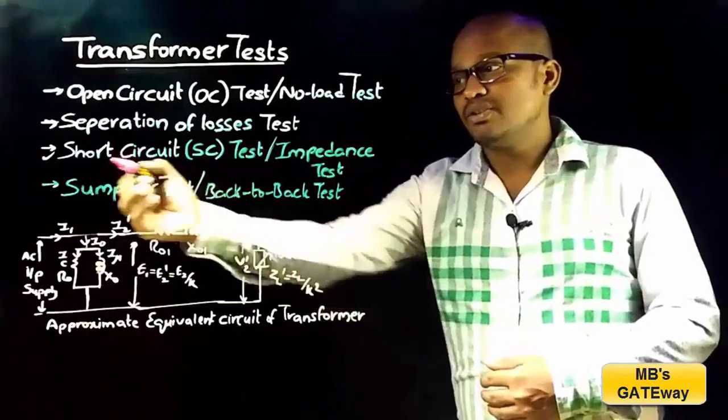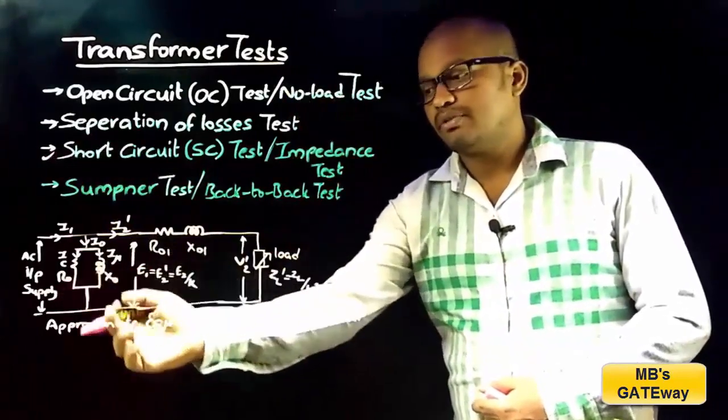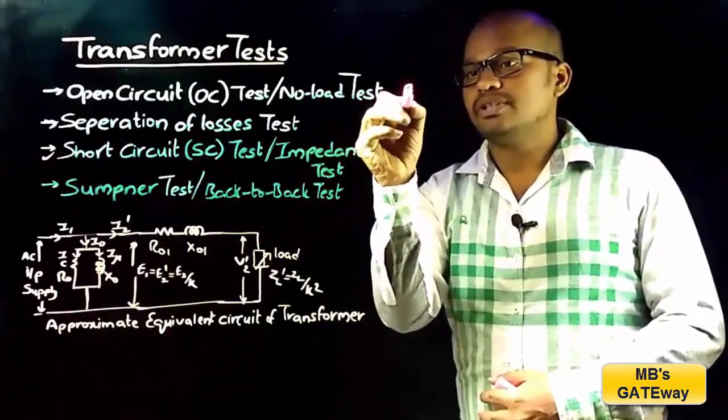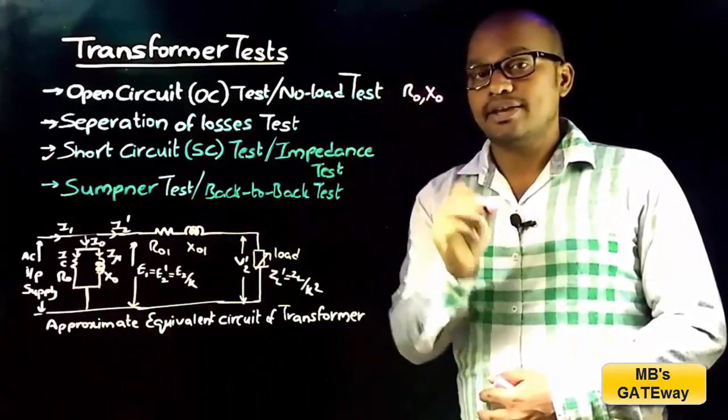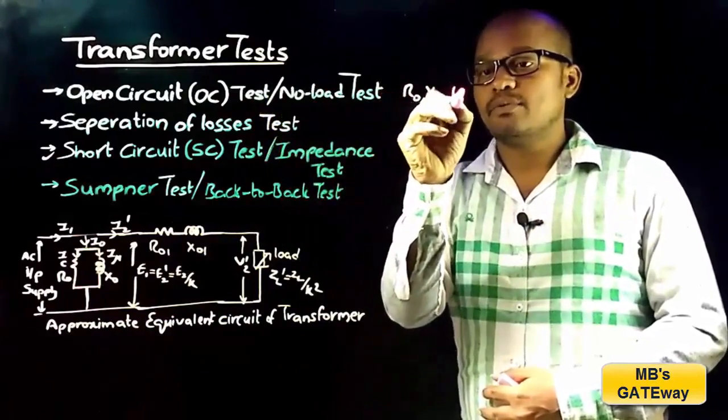Now let's discuss short circuit test. From open circuit test, the shunt branch elements of the approximate equivalent circuit of transformer, that is R0 and X0, are found, as well as the transformer iron losses.